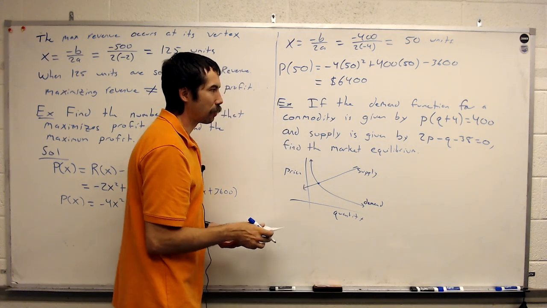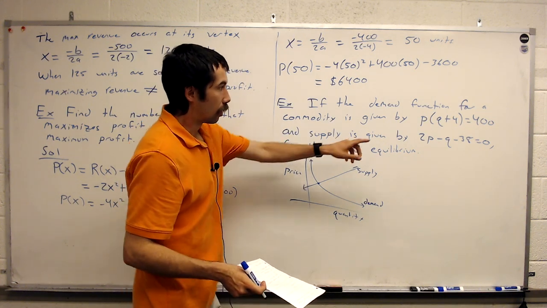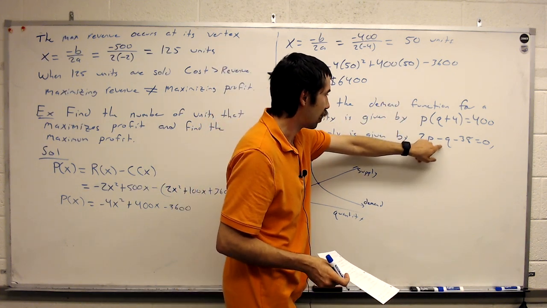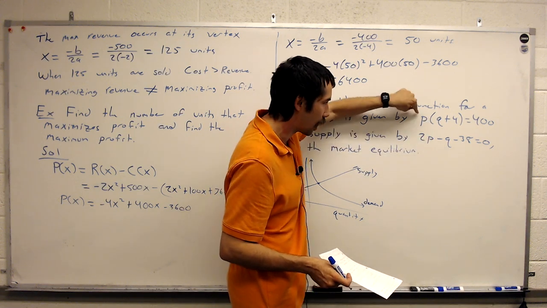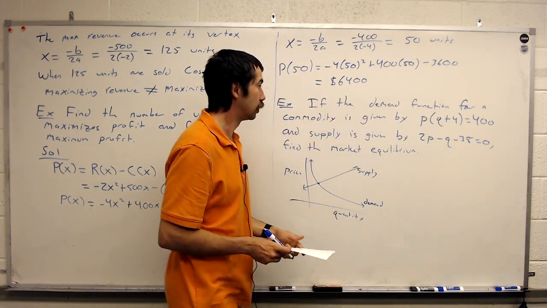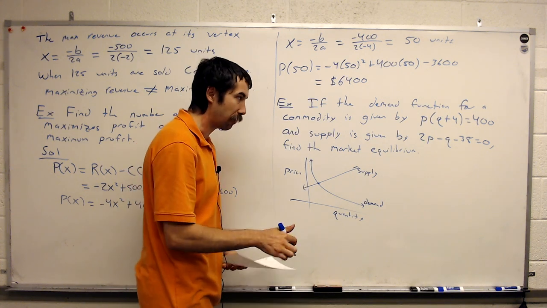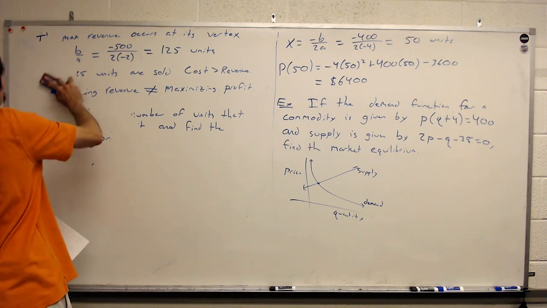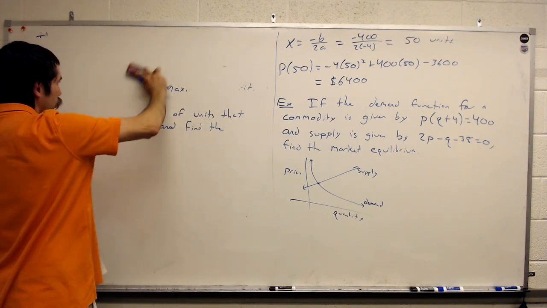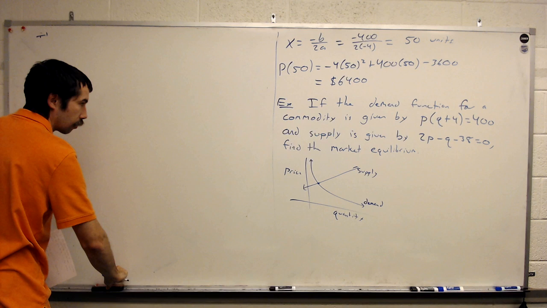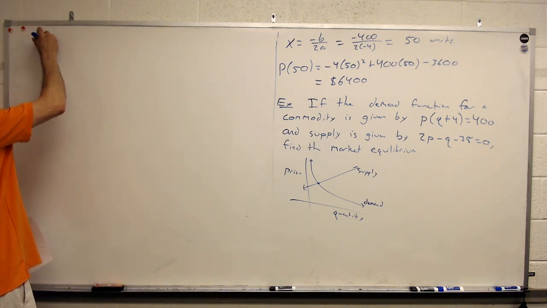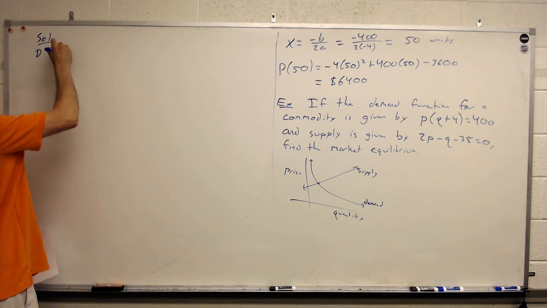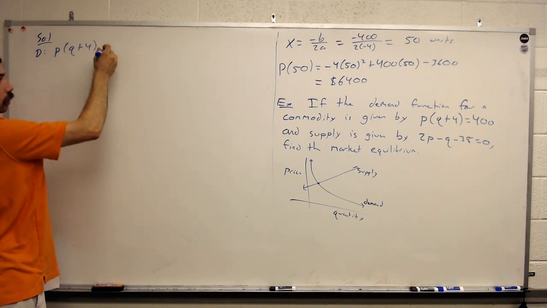Okay, and so there's a number of ways we could do this. Our best method, I think, is let's solve for quantity in our supply equation, and then we're going to substitute that in for our quantity in our demand equation, and then we'll reevaluate from there. All right, so demand says that P times Q plus 4 equals 400.